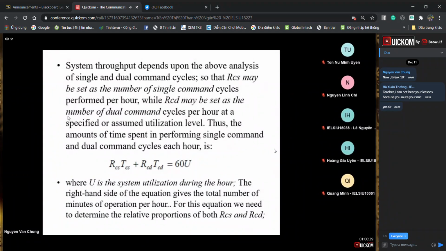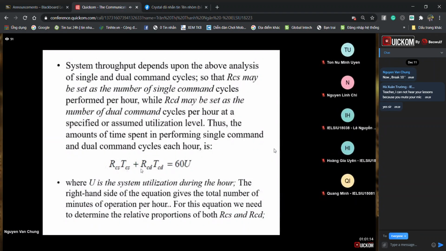You know, so like that is the number of command cycles specified or assumed utilization level. Thus, the amount of time spent performing single and dual command cycles is in hours.